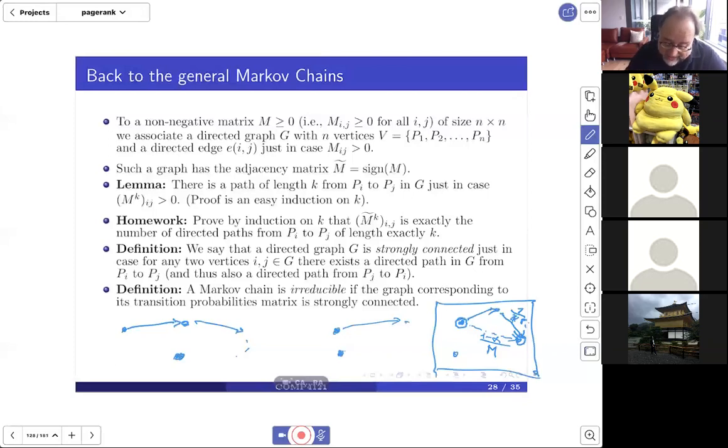After we add these weak links for random jumps, what does the graph look like if you ignore the weights? What do we call the graph that we obtain in this way? Complete graph, exactly, because now every two nodes are connected, maybe with links of very low weight. And a completely connected graph is obviously strongly connected, because any two points are connected by a path with how many edges?